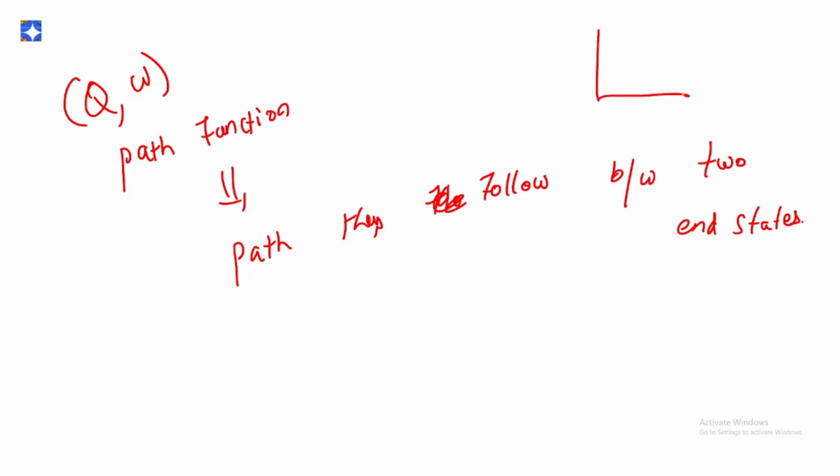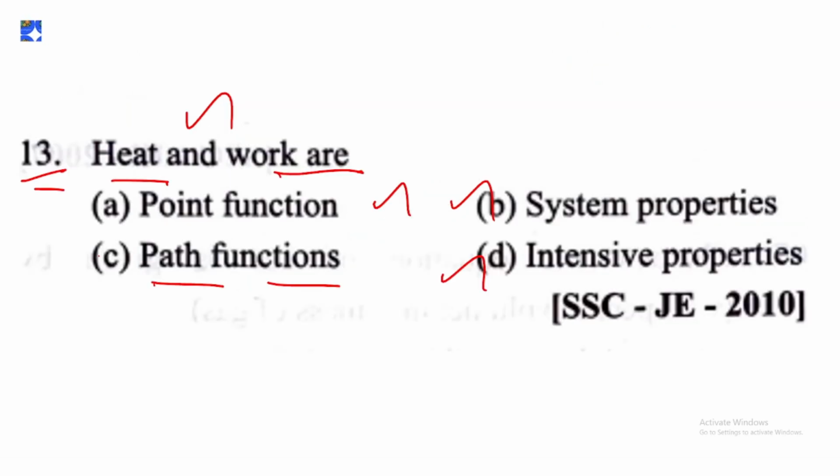If you have a TS plot, like in the previous session we have seen, the path which is going to be taken, accordingly the heat and work will take place. It can be reached through n number of processes, n number of ways. So heat and work are generally path oriented functions. So option C is the correct answer.